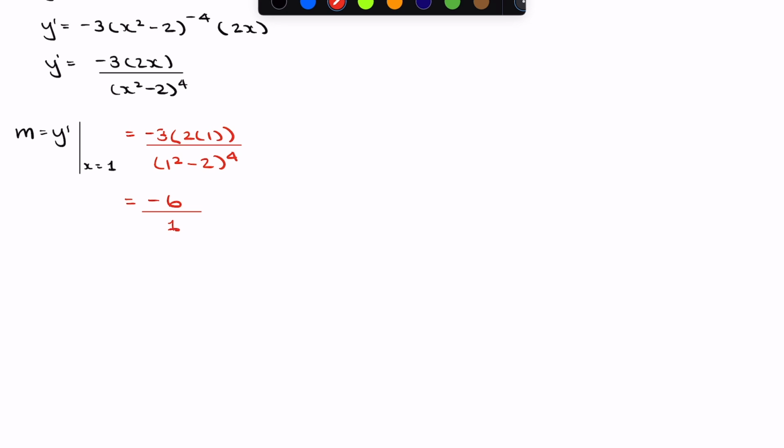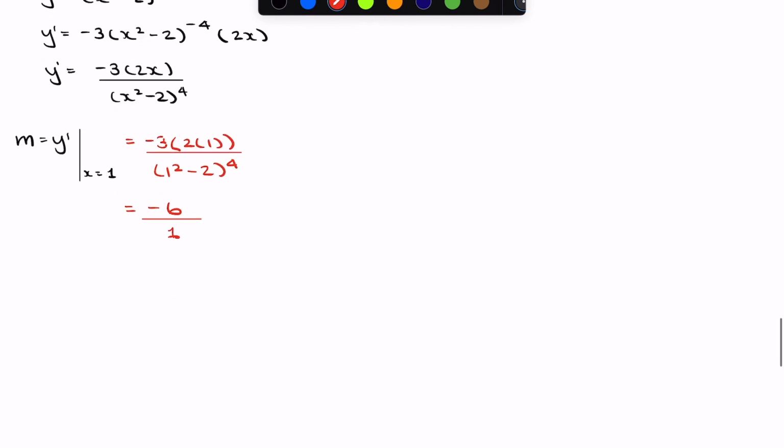Remember, here we're trying to find the normal, or the line that's perpendicular, so we need to find the negative reciprocal of this. So the slope of the normal, or the perpendicular line here, will be equal to 1 over 6, since it's the negative reciprocal.